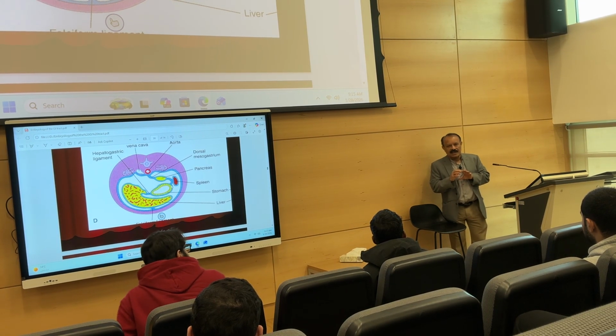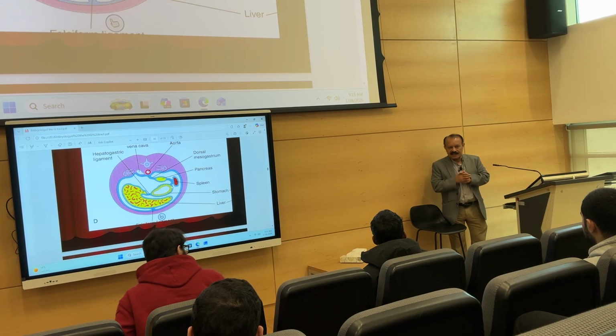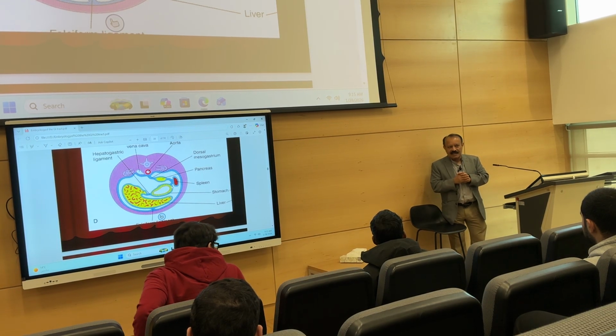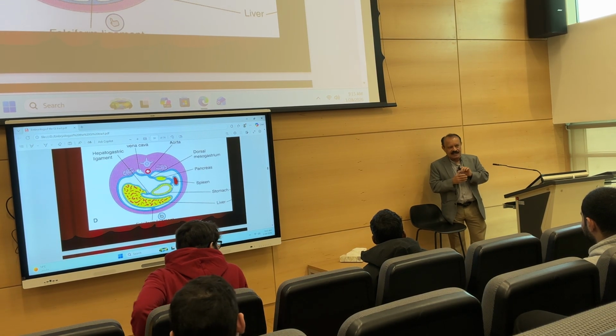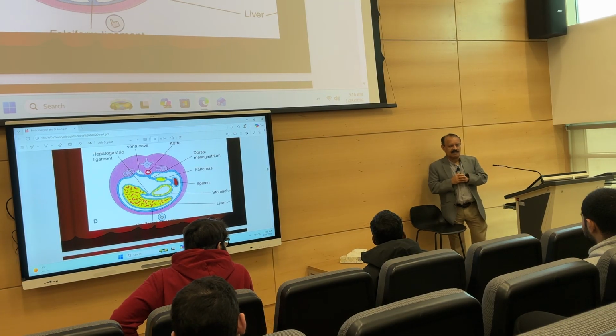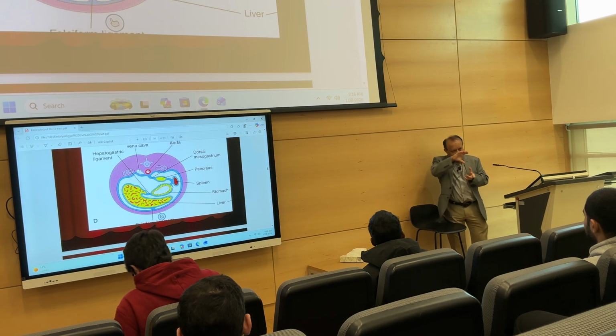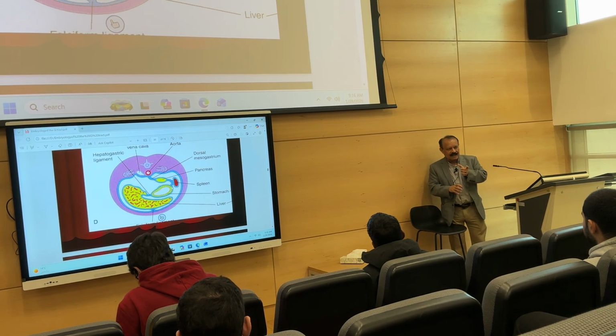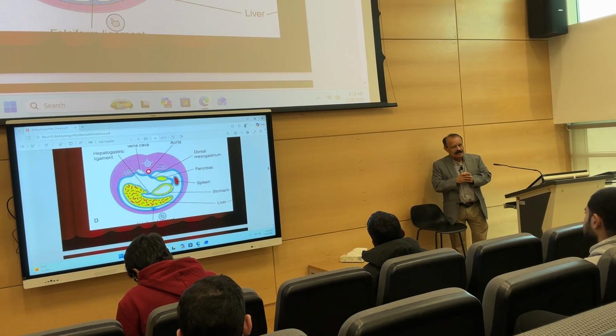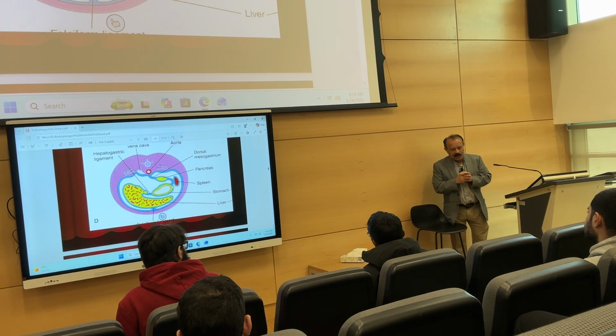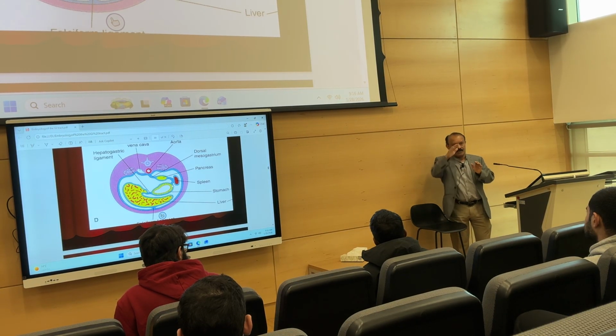The greater omentum is basically the dorsal mesogastrium, coming from posterior and going to the anterior.